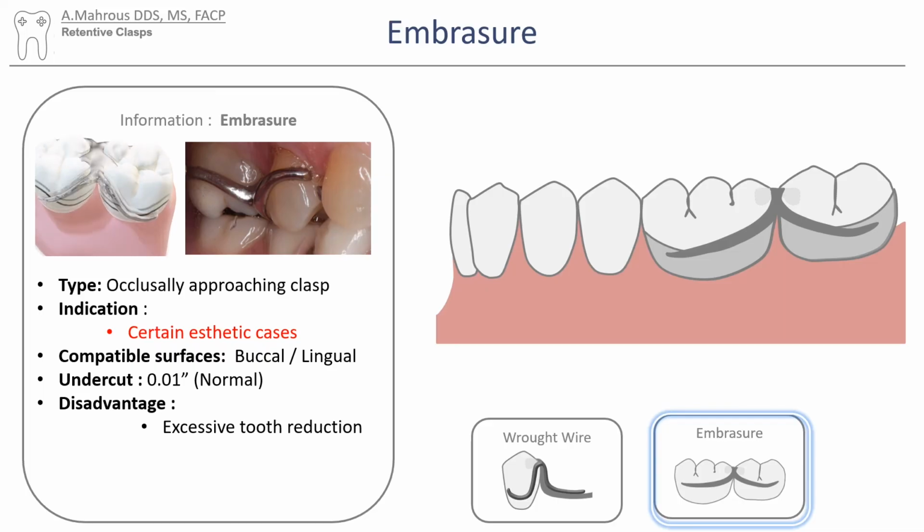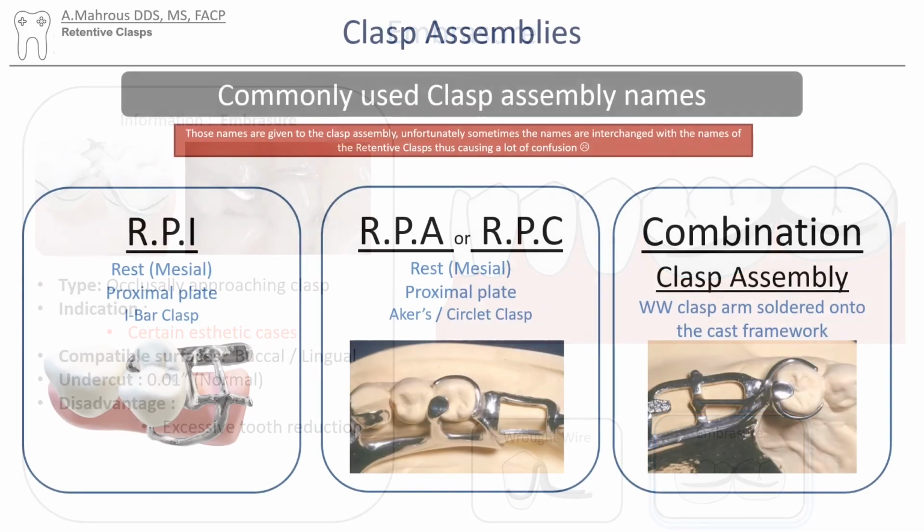The disadvantage of those embrasure rest seats that are associated with those clasps is that they require a ton of occlusal reduction, which again is not needed unless you really need to use those clasps, so they're reserved for those special situations that are linked down in the description.